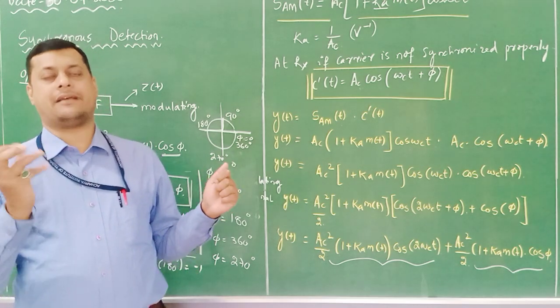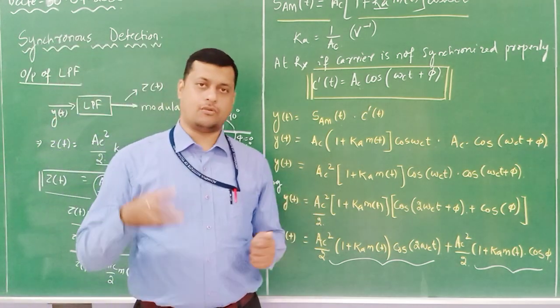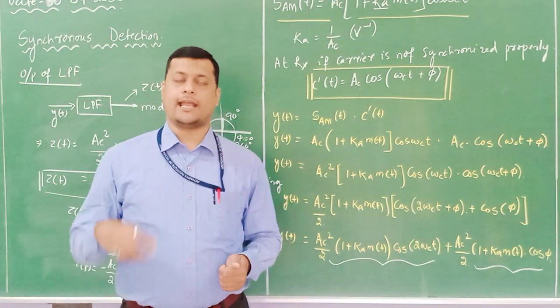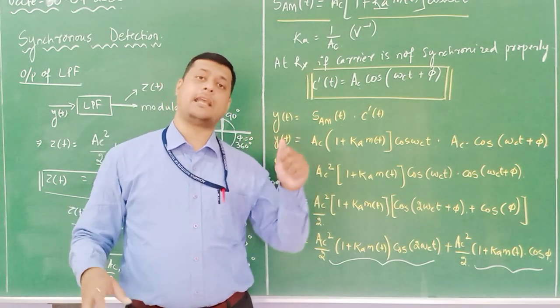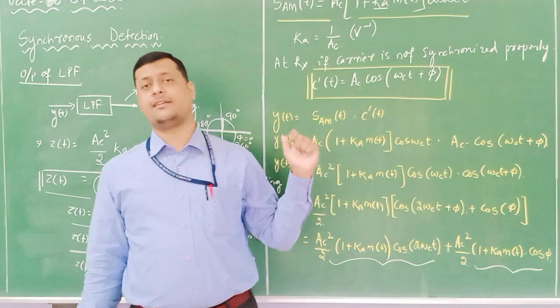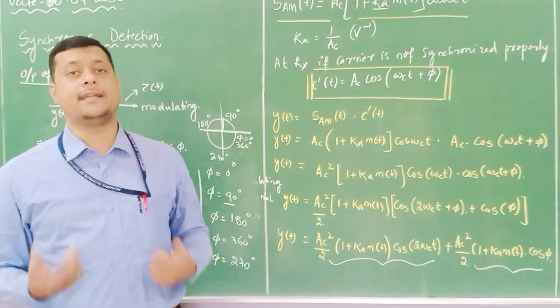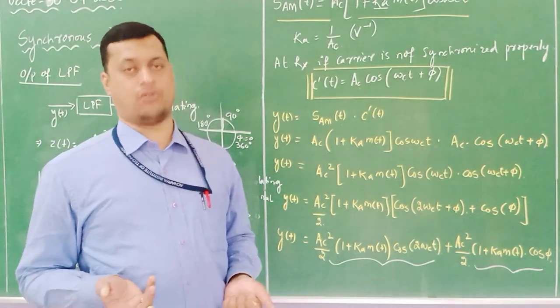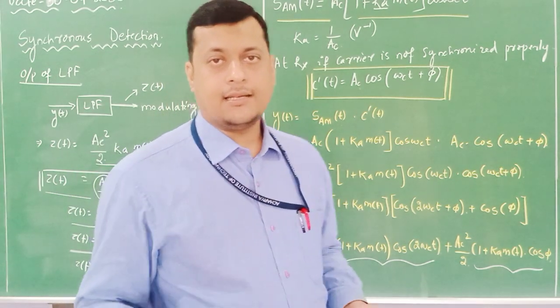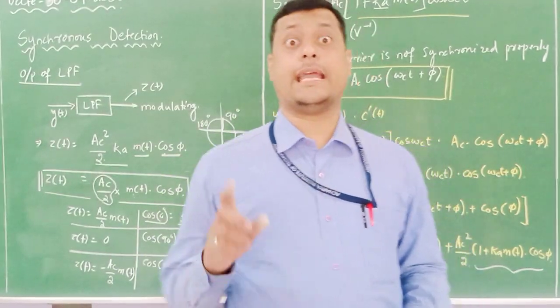Those DTH services have their own carrier frequency that needs to be synchronized, and that carrier frequency may not be the same as what the base station is transmitting. So in that case, we can't say it is synchronous detection. It is a very tedious job. The complexity is more. Okay, so this is about synchronous detection. Next, we will discuss envelope detection.